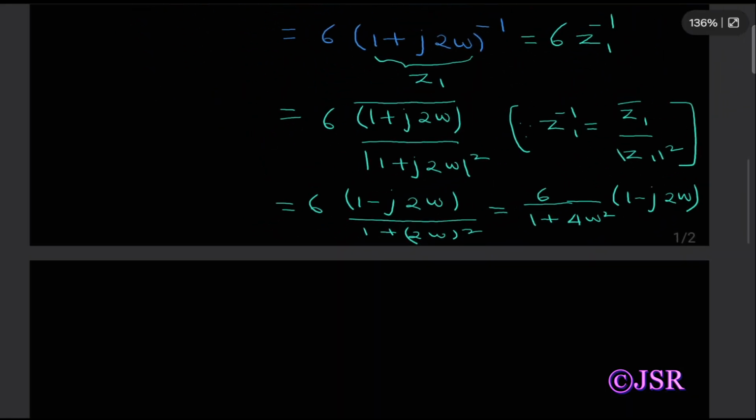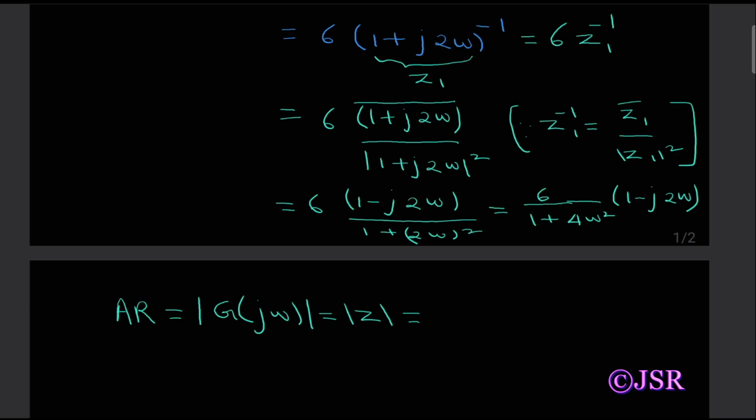So this is capital G of j omega. So to find out the amplitude ratio, we will have the mod of G of j omega or mod of z.